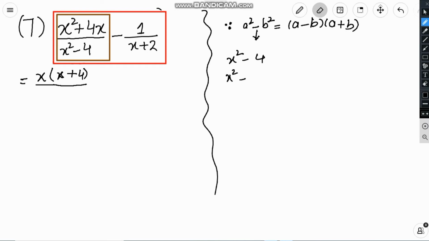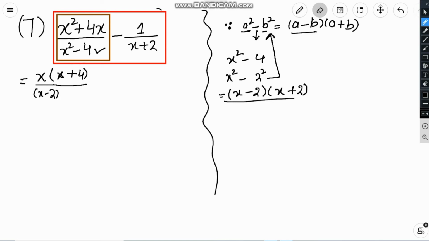You can write it as x square minus 2 square. Just have a look at it. It is similar to a square minus b square. So you can write it as a minus b, that is x minus 2, and a plus b, that is x plus 2.